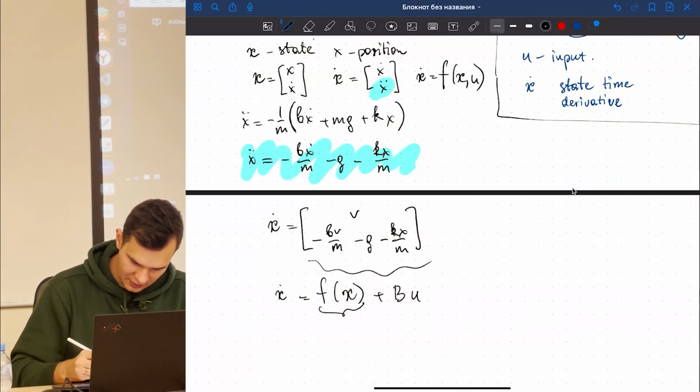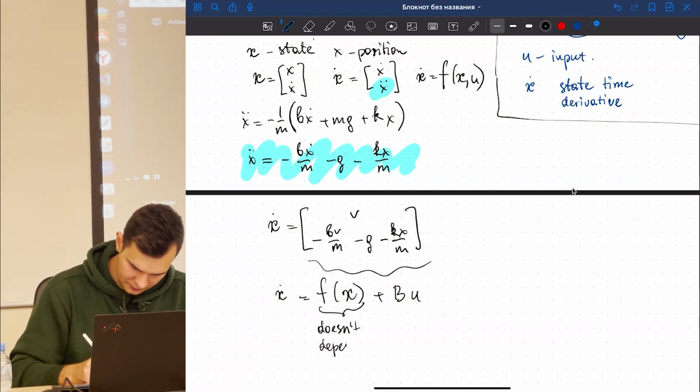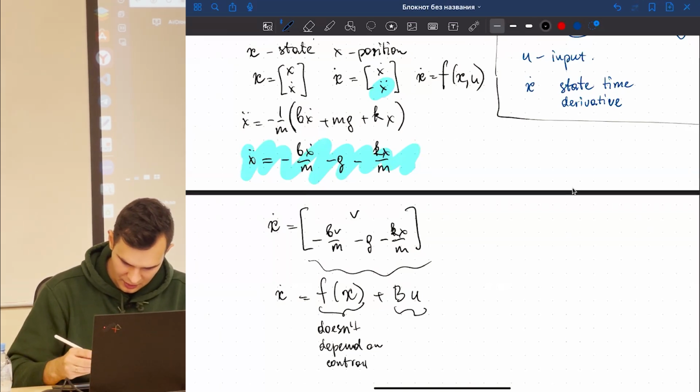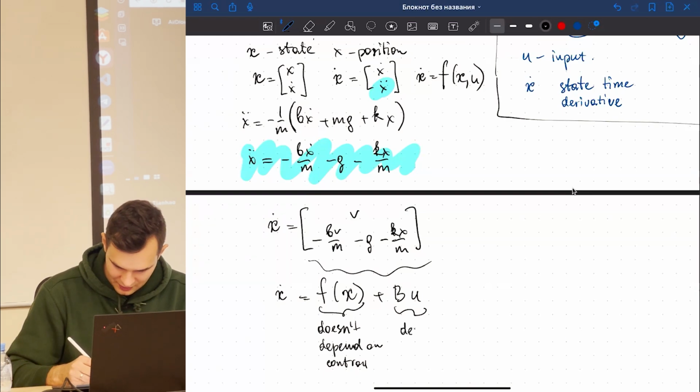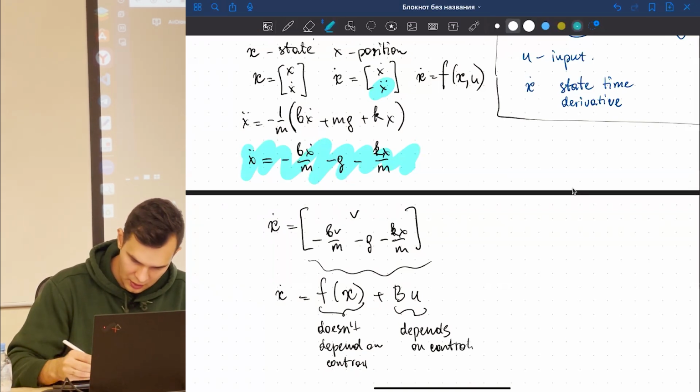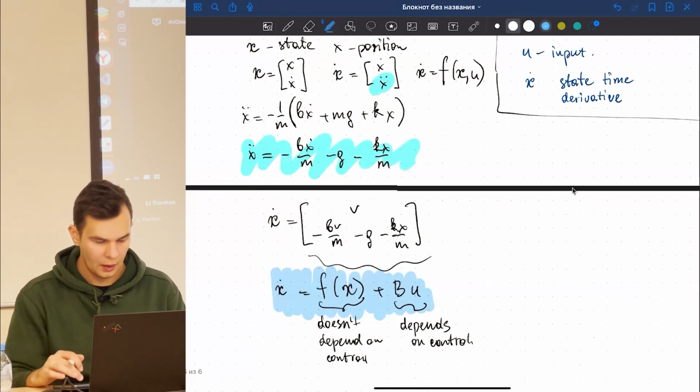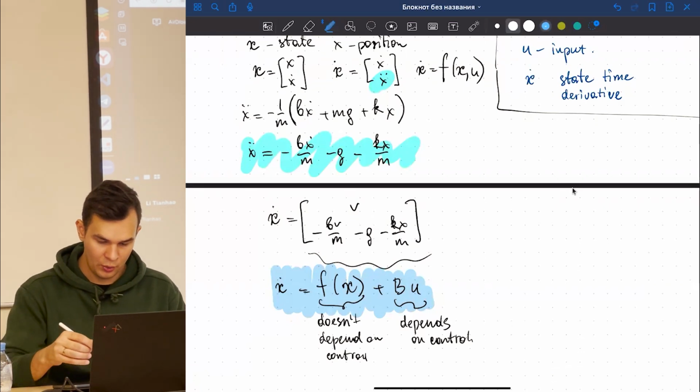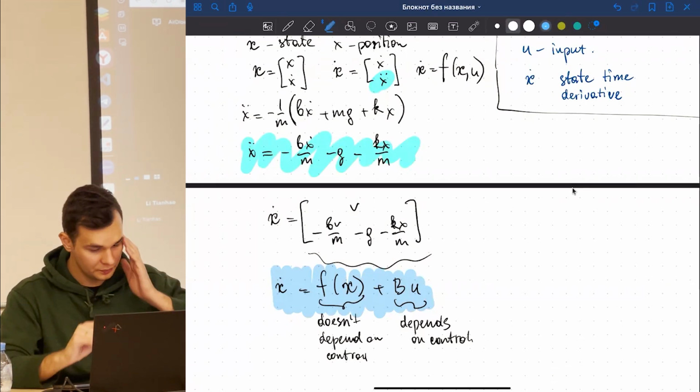So something that doesn't depend on control, and something that depends on control. So basically any mechanical system will look like this. But for now, since we have a passive structure, we have the first term.